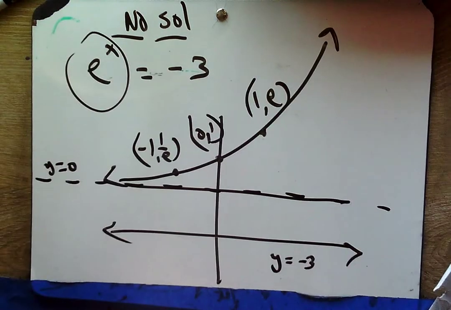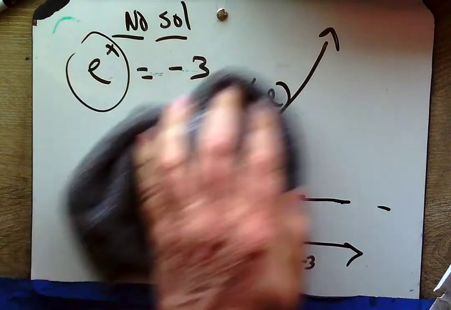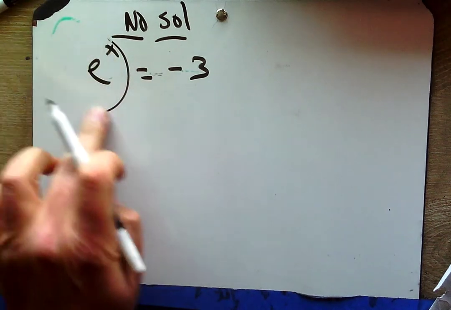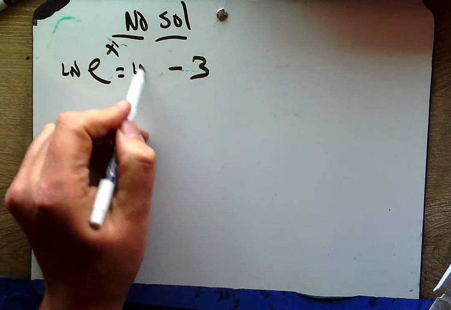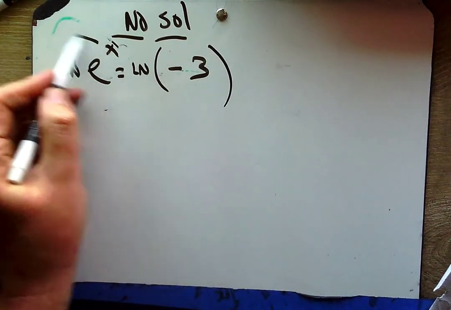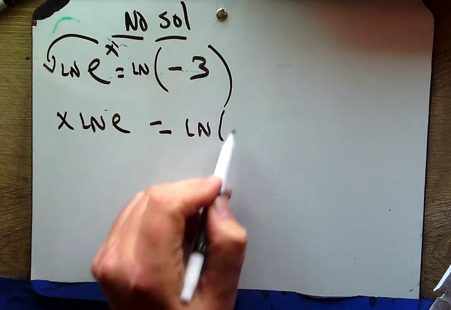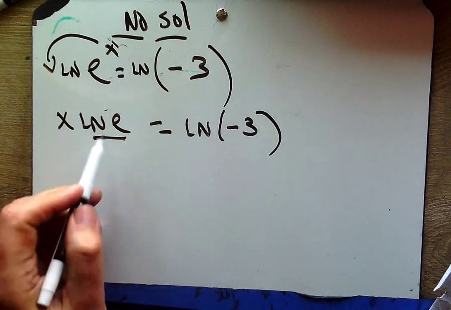Now, I understood that and saw that graphically, so I didn't go any further. But if I were to take the ln of both sides, over here I could certainly bring down the power rule. And then the ln of e, well, that's log base e of e.